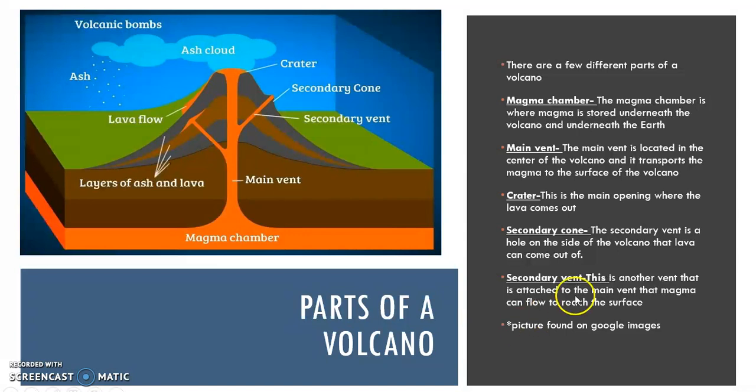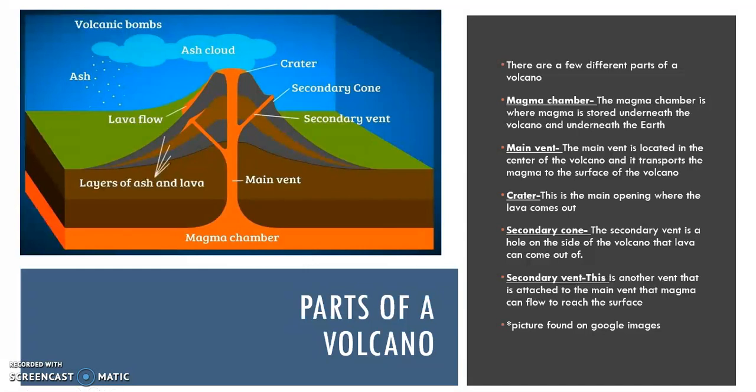Parts of a volcano. There are a few simple parts of a volcano. First, we have the magma chamber, which is down here, where all the magma is, and as you can see, it is underneath the surface of the Earth, so it's underneath the ground.